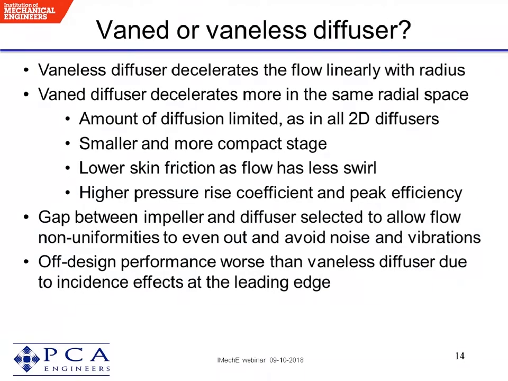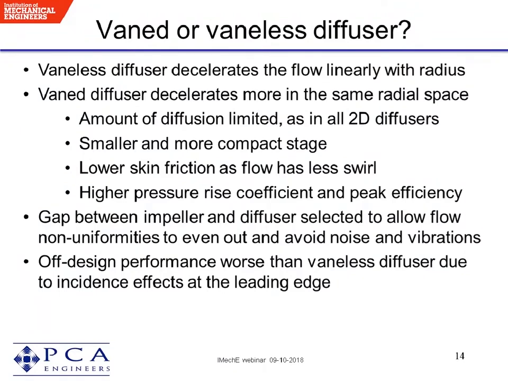The only issue now remaining in the design is what sort of diffuser we can use. It's quite interesting that you could have a vaneless diffuser. You don't need vanes in the diffuser, but in that case the flow decelerates linearly as it goes radially outwards. If you put in vanes, you can have a vane diffuser, and this decelerates the flow more in the same radial space.